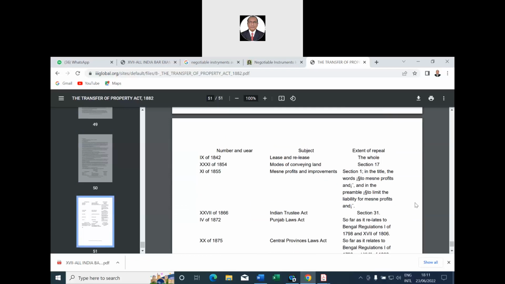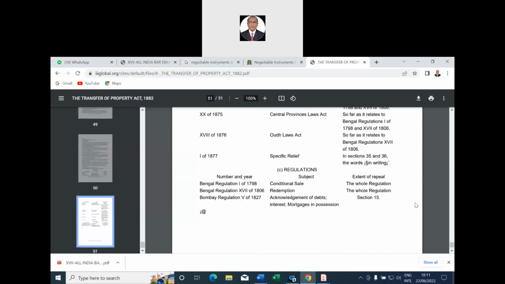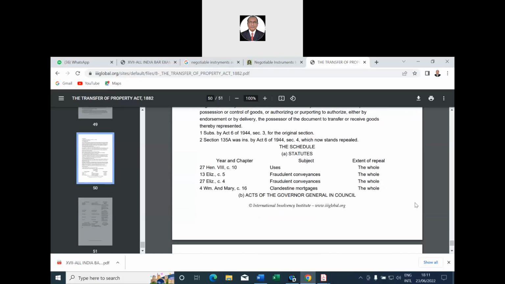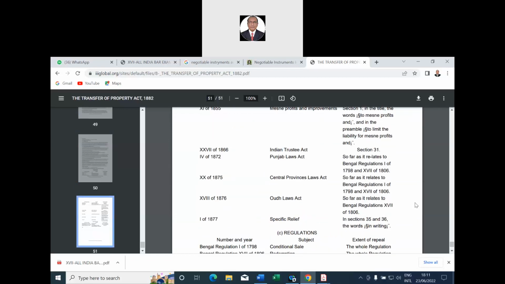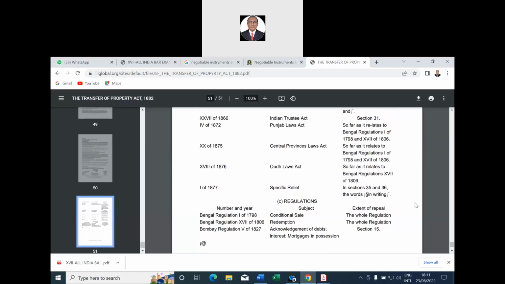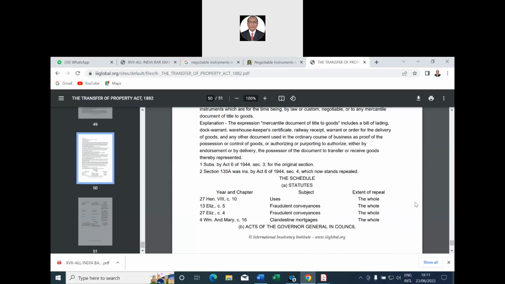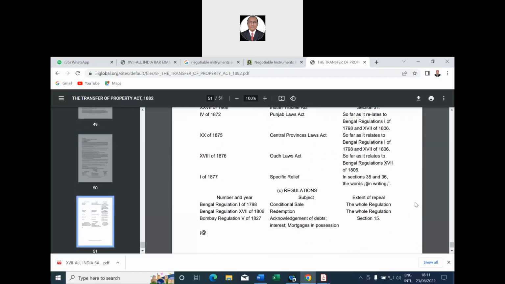B is regulations, C is regulations. A, statutes. B, acts of the Governor General in Council. So in schedules, A is there, B is there, C is there.